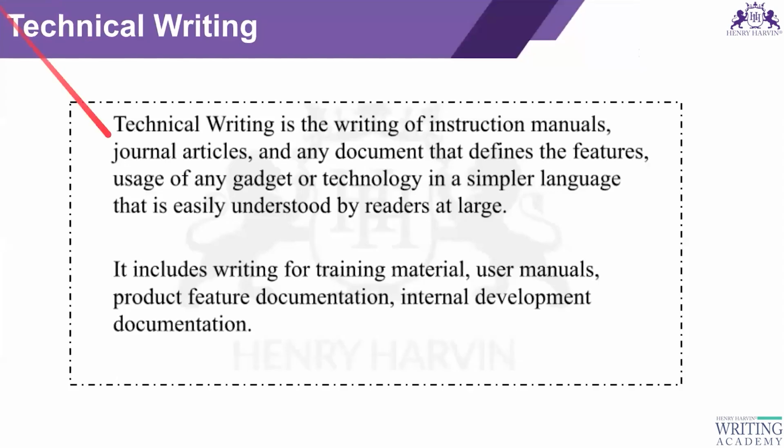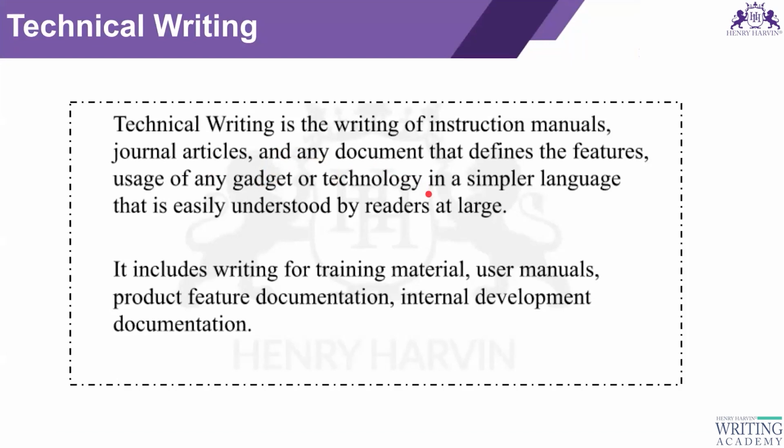So here let's read. Technical writing is the writing for instruction manuals. Whenever, for example, you buy a phone, you have an instruction manual that comes with it on how to use it and how to get started, right? So the instruction manual, the journal article, and any document that defines the features and usage of any gadget or technology.